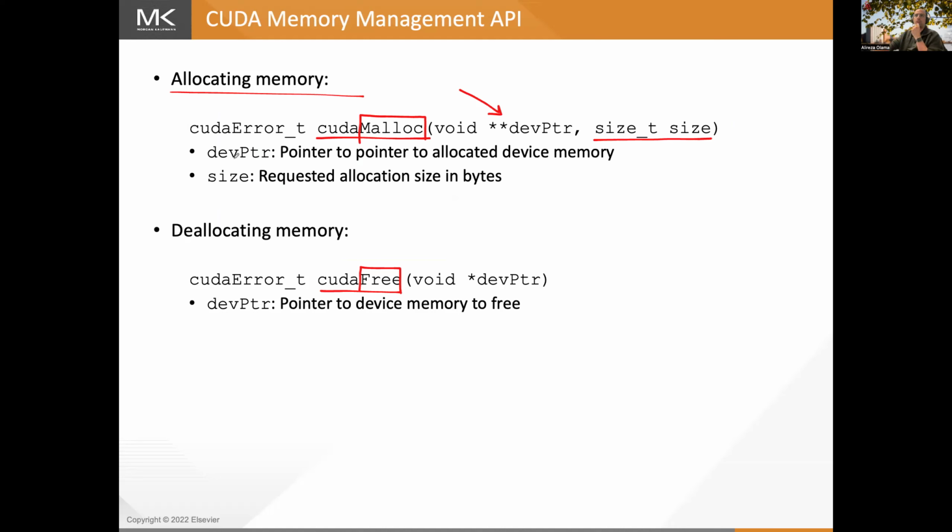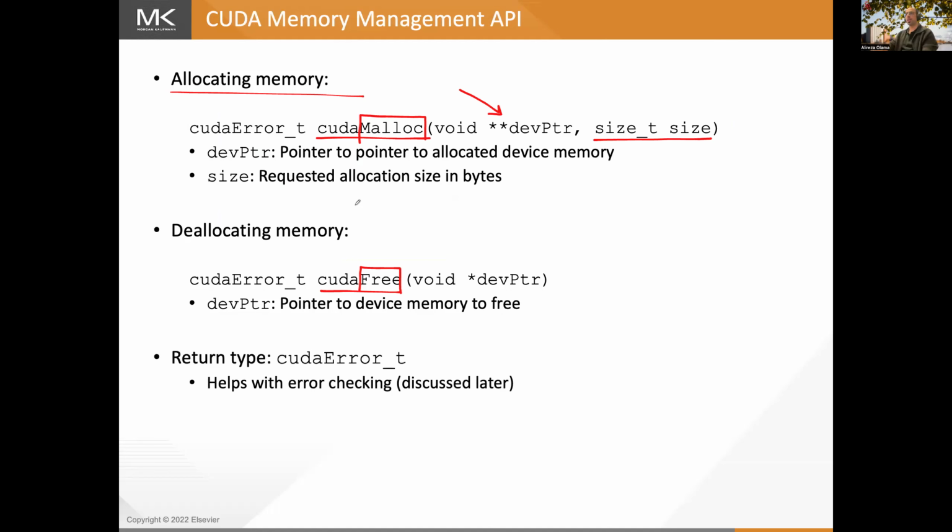Because when it comes to GPU computing and CUDA, what you do is to manage the memory quite manually, similar to what you do in plain C code. All right. And all of these APIs return a CUDA error type that you can check for errors and if something is wrong in the calculations.